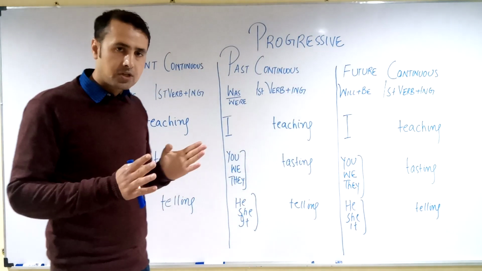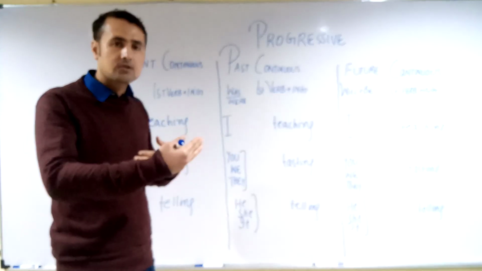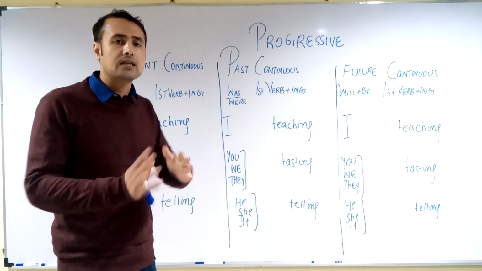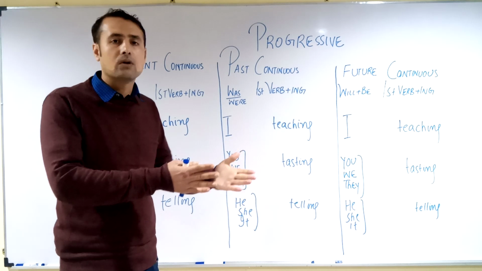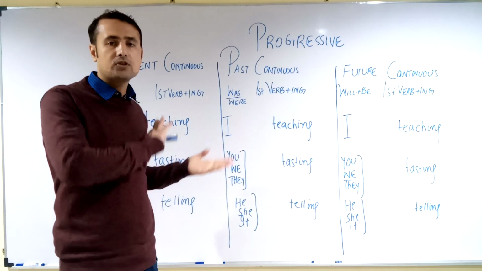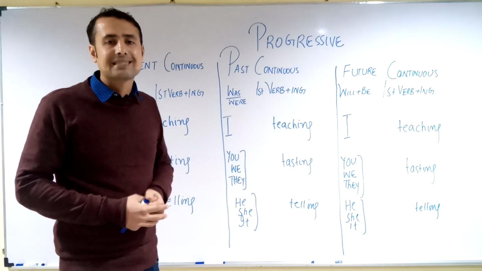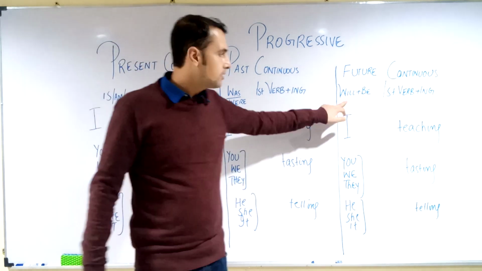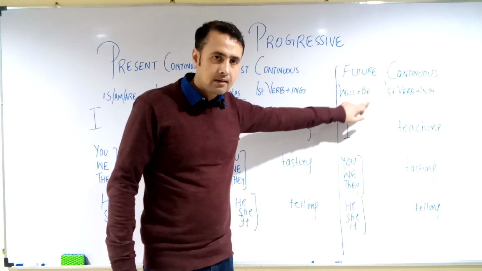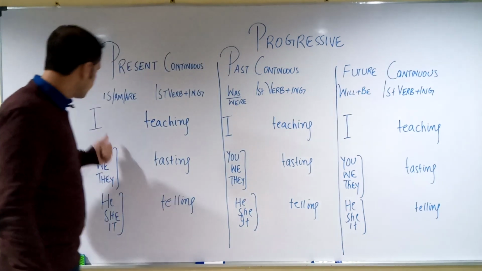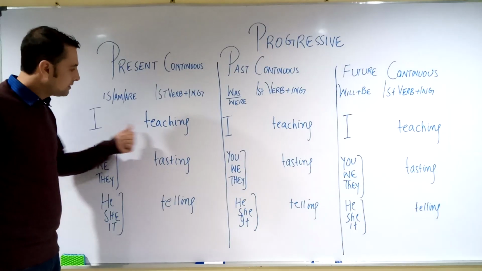Once we switch from present to past, what do we need to use? We need to use the indicators was and were. If you want to shift back into present, we need to use is, am, are, and in future it's will be. Now look at an example. Here, I teaching.